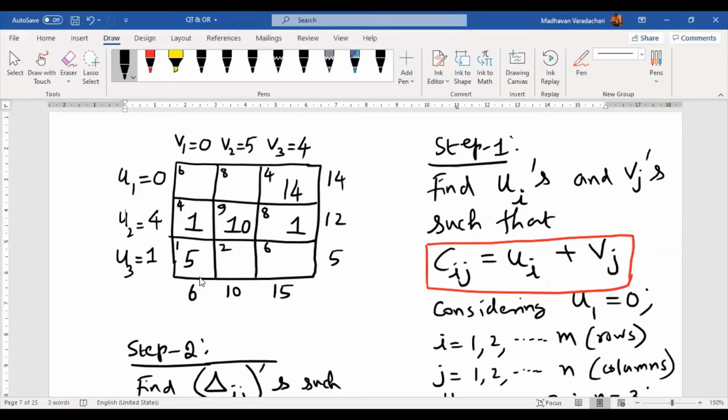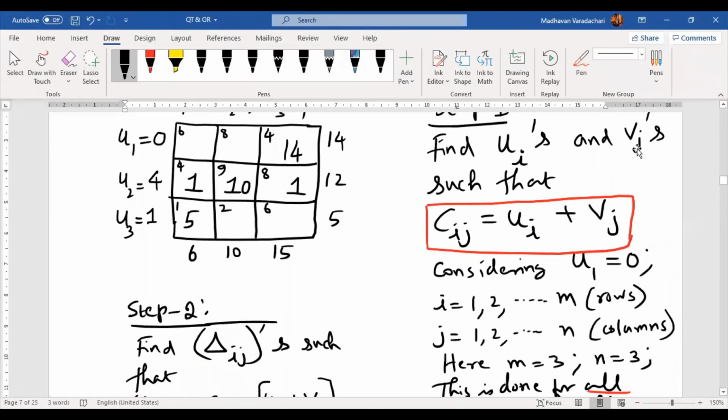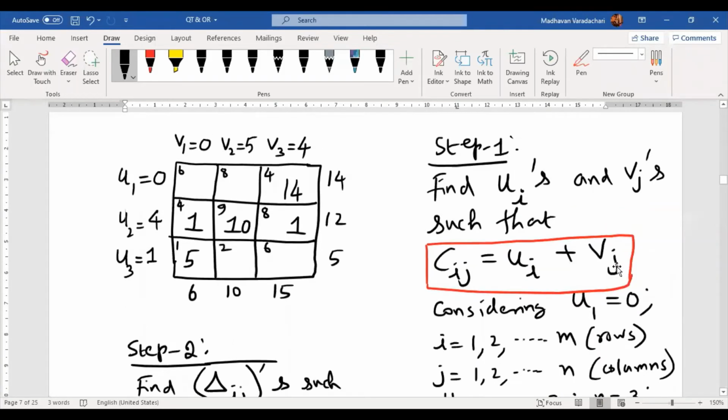So what we have done? We have completely done step 1. Sir, one minute. How did we get 1 here? u3 is 1 because ui plus vj should give you cij. ui plus vj should give you the corresponding cost.